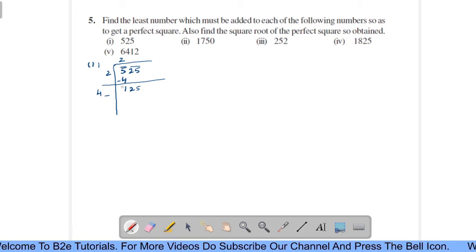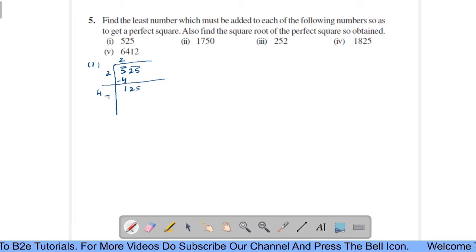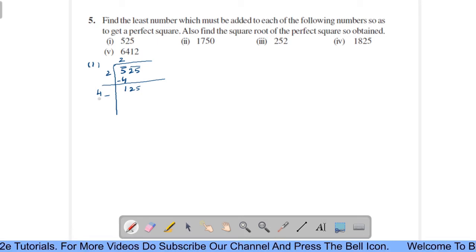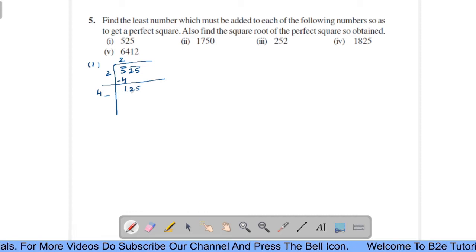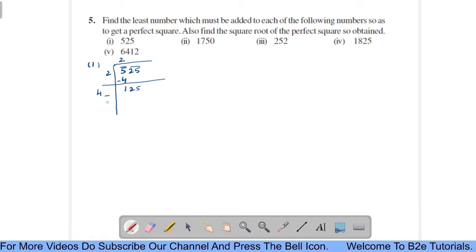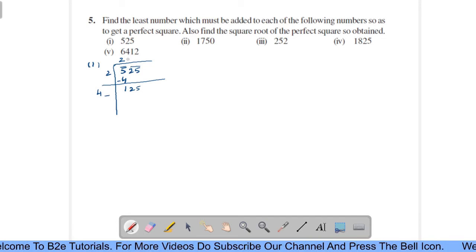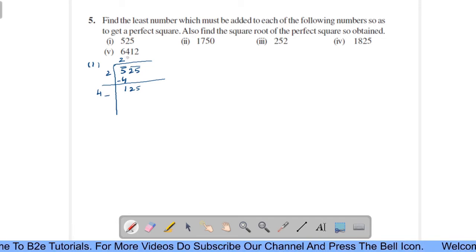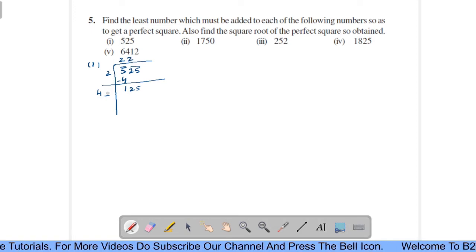Now you have to write a number, the largest number, which when multiplied by the new number so formed is either equal to 125 or less than it. Here it will come 2. Write down 2 here and 2 here.